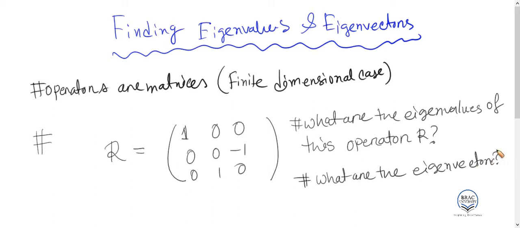So let's try to answer them. If you recall, the eigenvalue equation will be something like this. Okay, so let's not denote the identity by this, rather this one. This was our eigenvalue equation, right?